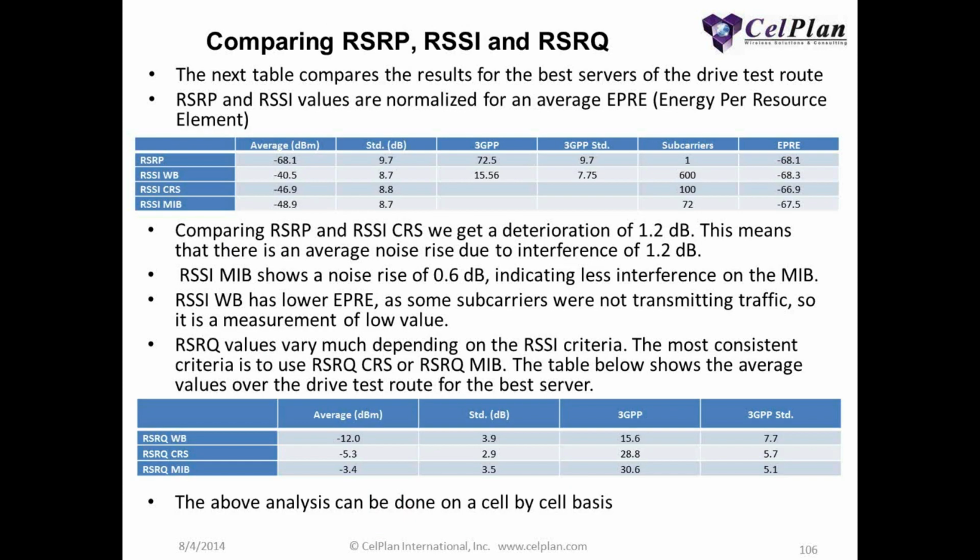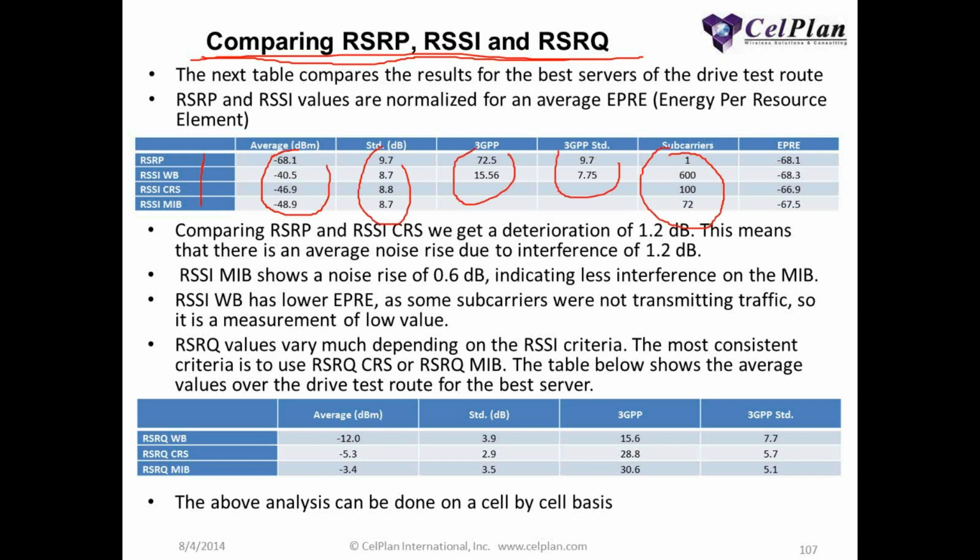So here we did a table comparing RSRP, RSSI, and RSRQ. Remember that we have to normalize those measurements. So here we have RSRP and RSSI, and the measured values, the standard deviation, the 3GPP value, and over how many subcarriers it is measured. And then we did the energy per resource element in average.